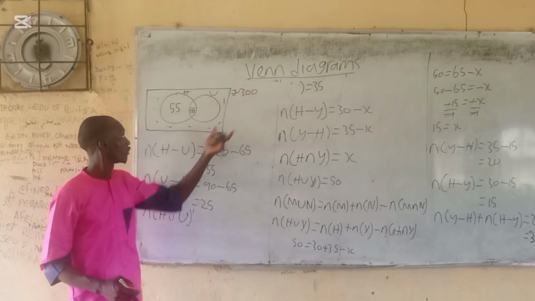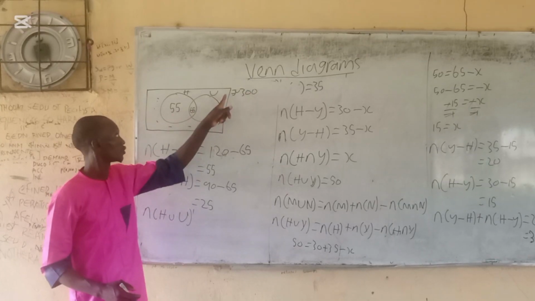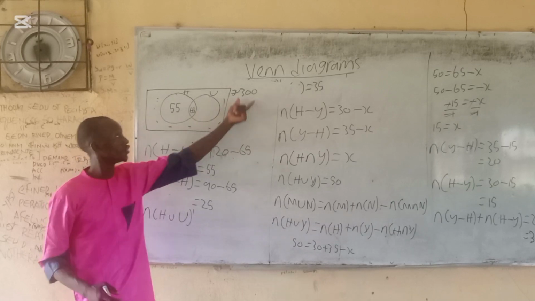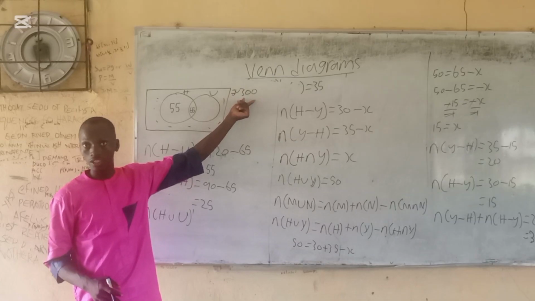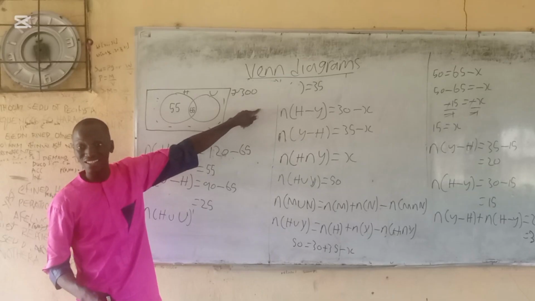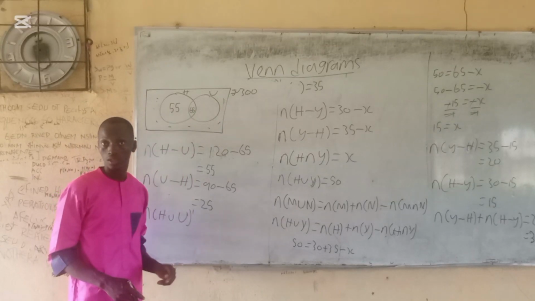If we compare to the universal set as complement, we are going to get the remaining figures that are in the universal set but not in these two subsets.